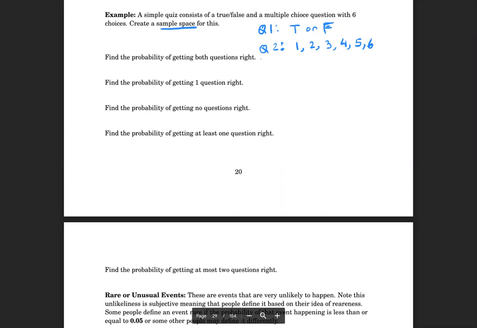The way that I did it was on one column I did true and false, and then the next one 1 and 1, true and false, 2 2, true and false, 3 3. That's how I did it. It should have 12 different outcomes.